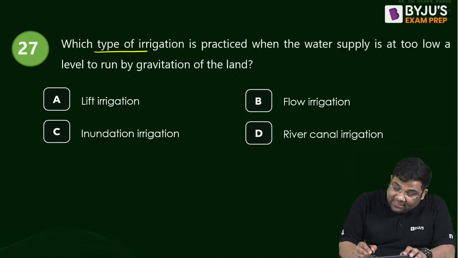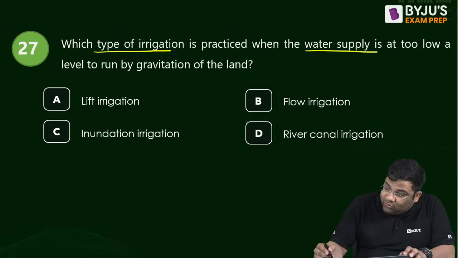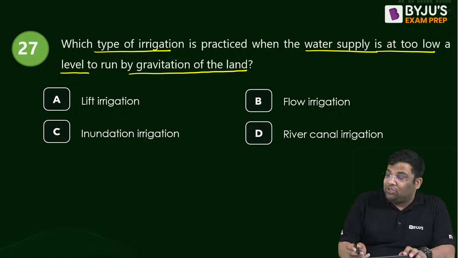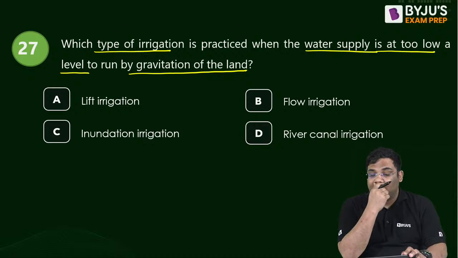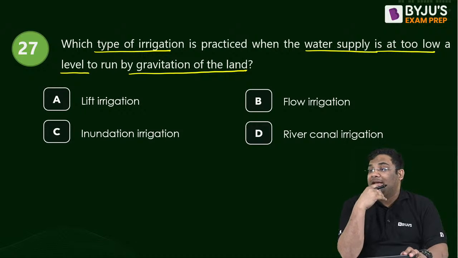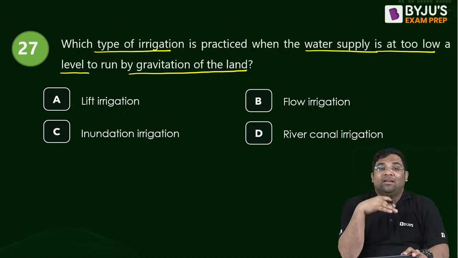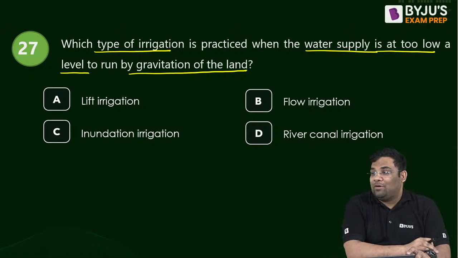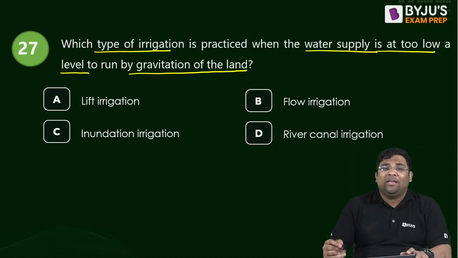Next question. Which type of irrigation is practiced when the water supply is too low a level to run by gravitation on the land? If the water supply is too low that we cannot use the gravitation property of that area to supply water, then which irrigation do we do? We cannot do flow irrigation, right?